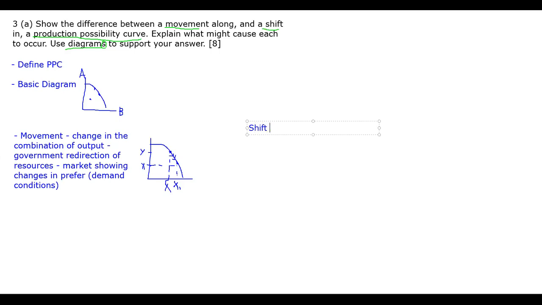explain what a shift means. You can produce more of both goods at corresponding combinations.